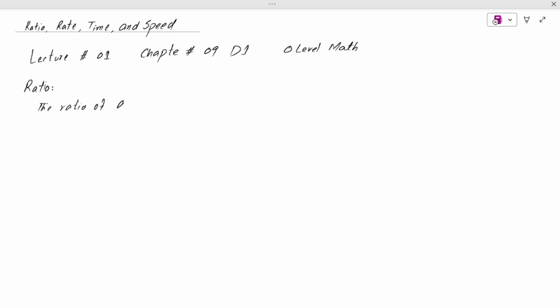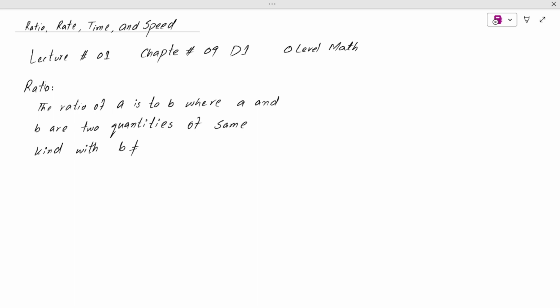The ratio of A is to B, where A and B are two quantities of the same kind with b not equal to 0, is written as a ratio b.